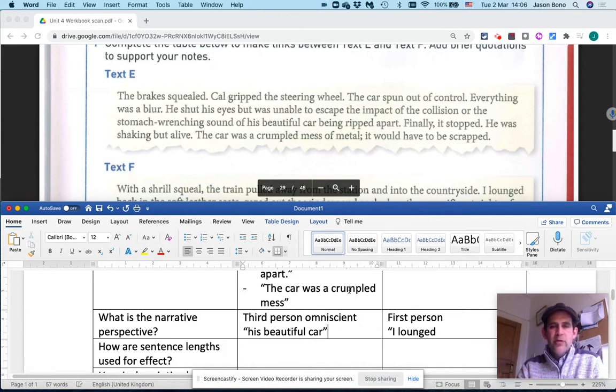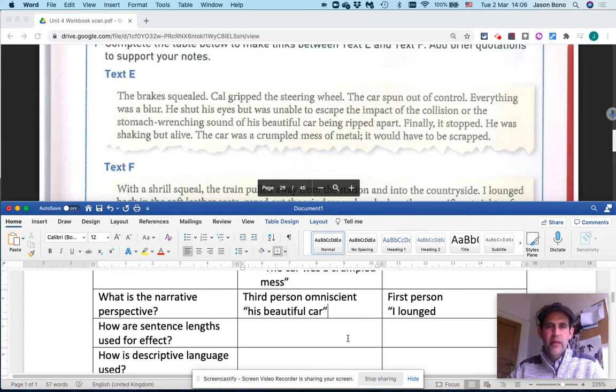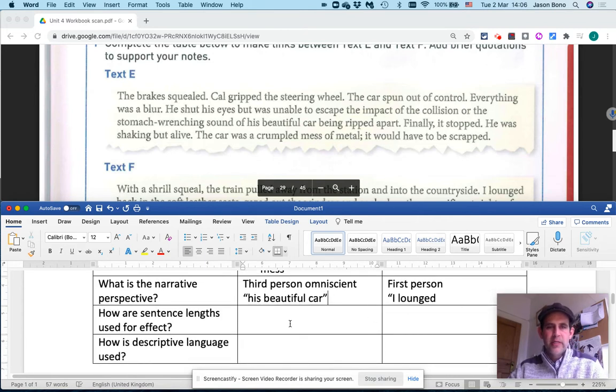But also that word beautiful suggests that the person telling this story knows what's inside Cal's head, that Cal views this as his beautiful car. I think so. I'm reading into it a little bit and interpreting. You can use other examples there.